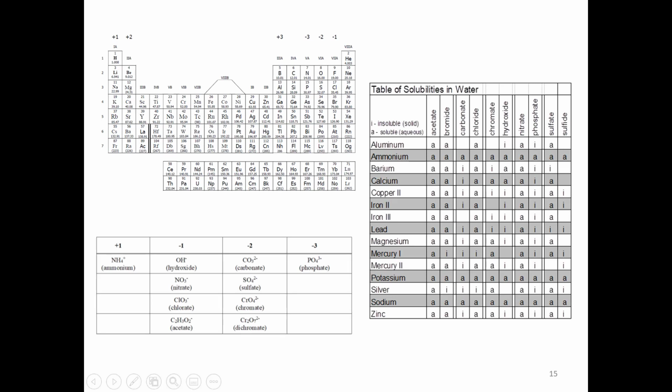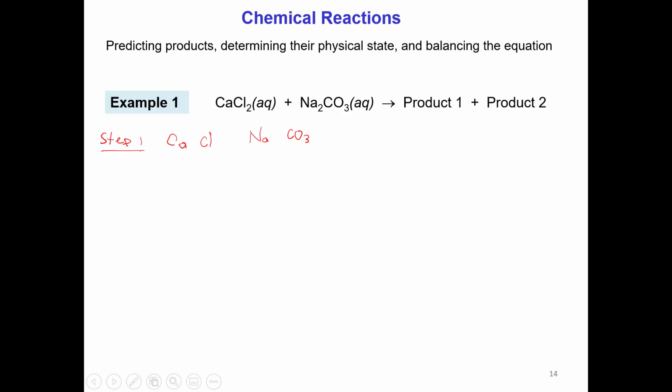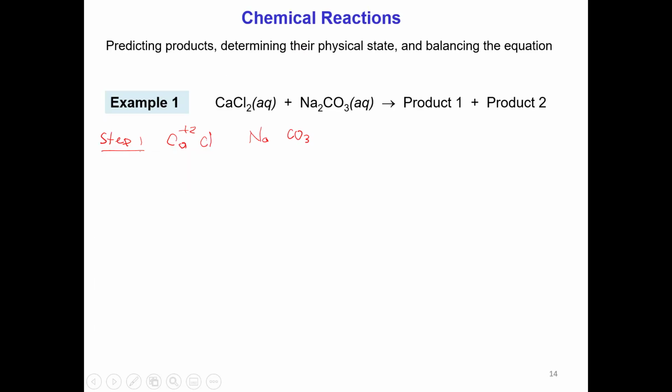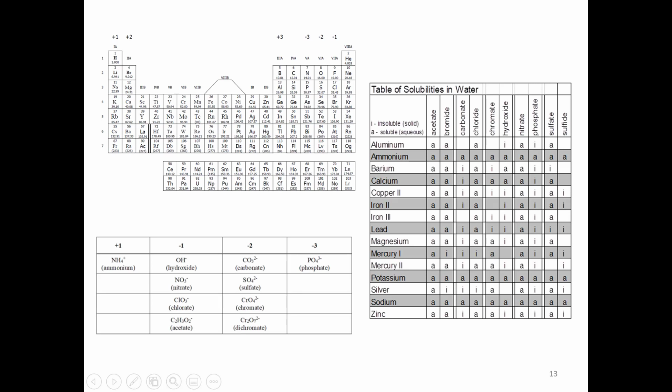And we need calcium. Calcium is +2. And we will write here calcium is +2. Probably you know now chlorine is -1. Yes, chlorine is -1. Sodium is +1.